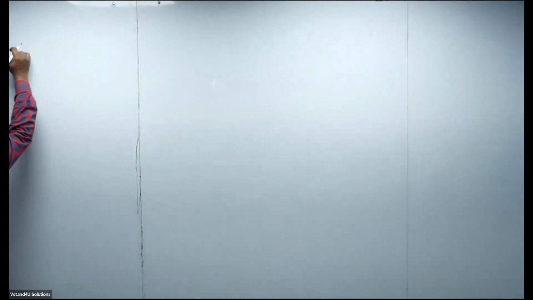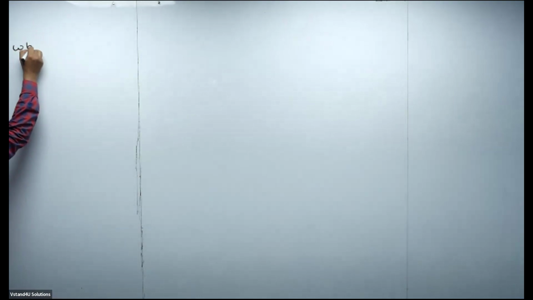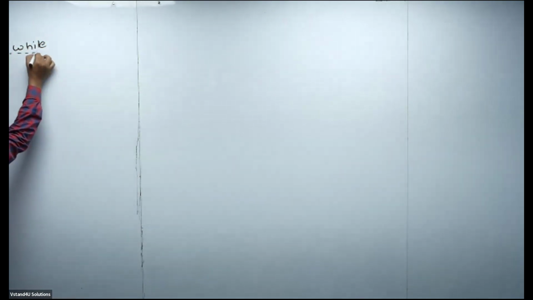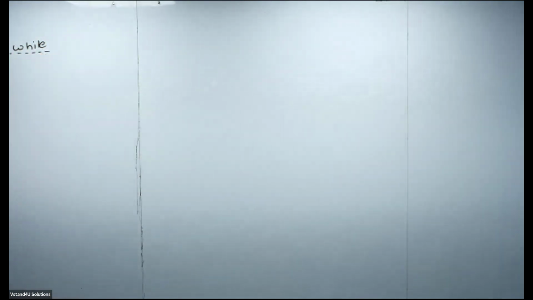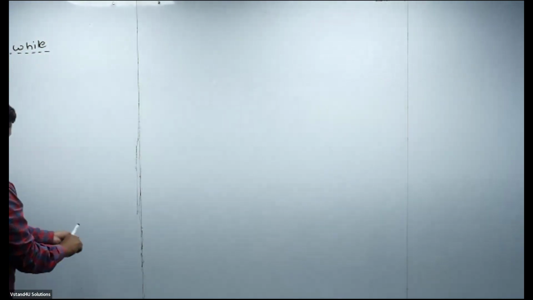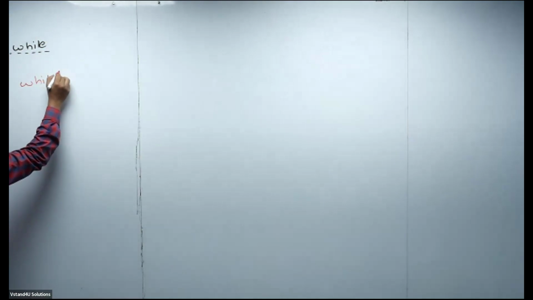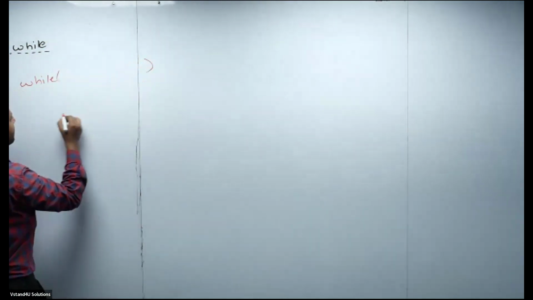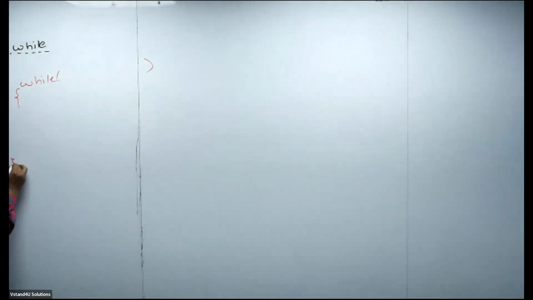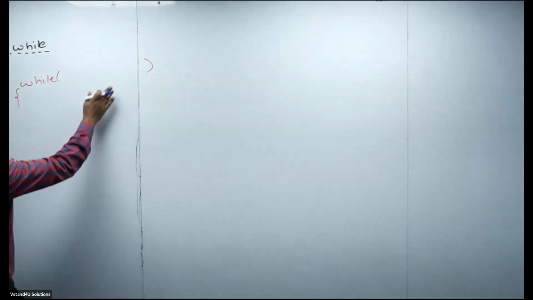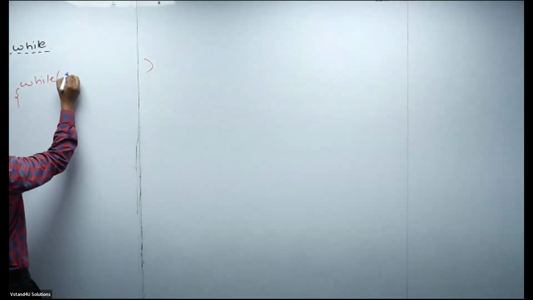First one is while. In the case of while, if you see the syntax, you will write while in lowercase, and inside the bracket you will write a condition statement.